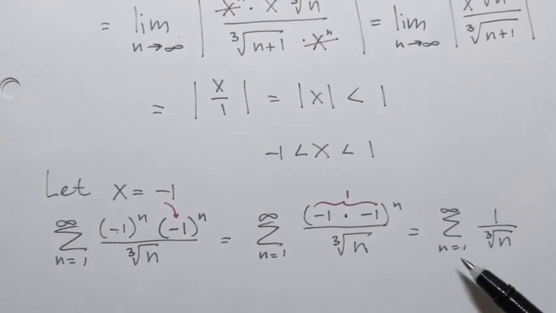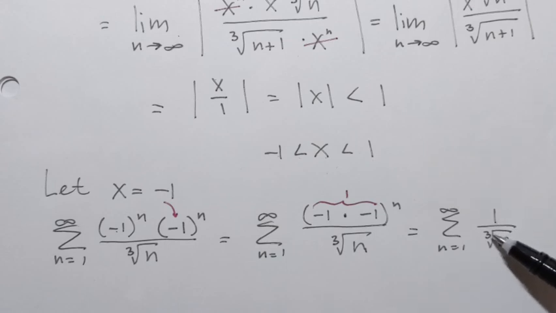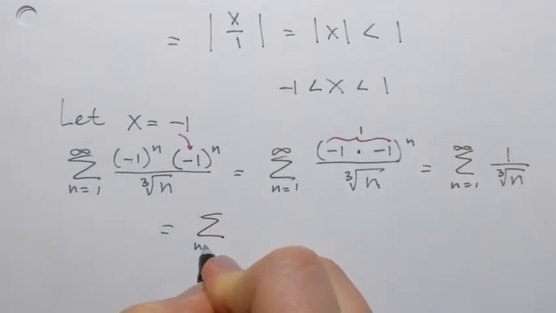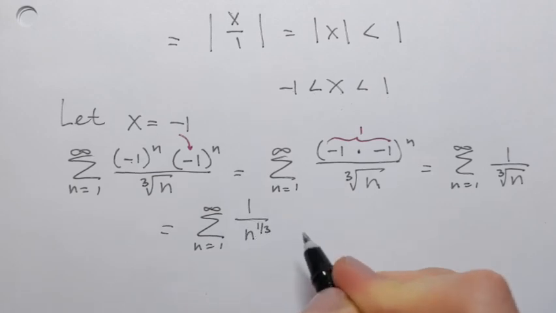And now we have to find a test to determine whether the series is divergent or convergent. And for that, we need to use the knowledge of different tests and the ability to recognize some special series. So which one is that? It's 1 over cube root of n, which is the same as n to the power 1/3. So it's 1 over n to the power 1/3. And that is the p-series, right?